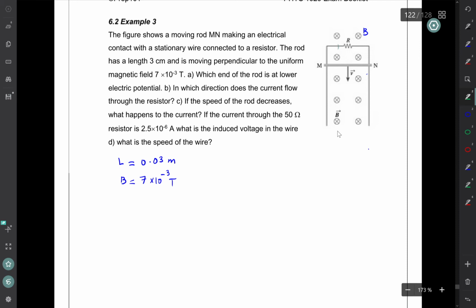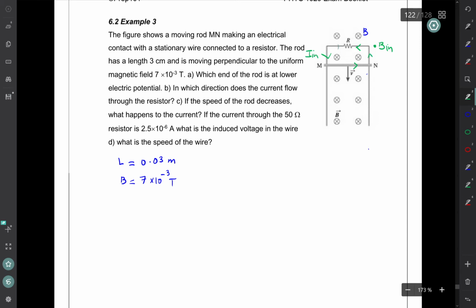So if the actual magnetic field is going into the page, the induced magnetic field will be coming out of the page, and it's represented by a dot. Now, putting your thumb in the direction of the induced magnetic field, curling your forefingers should show the direction of the current. Using my forefingers, the induced current is going to be going counterclockwise.